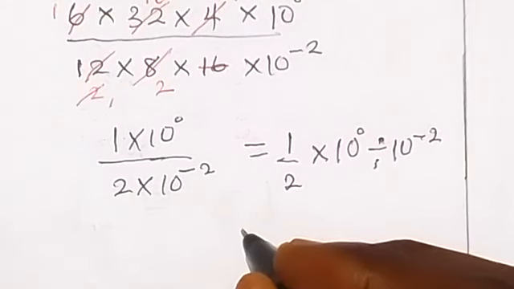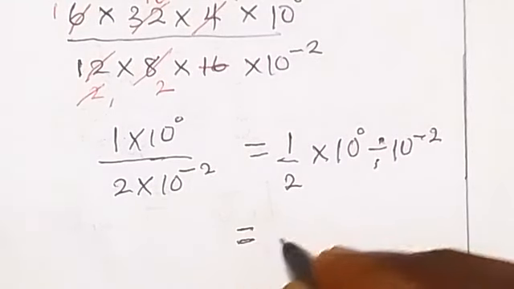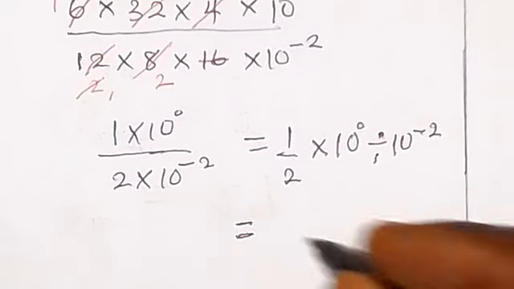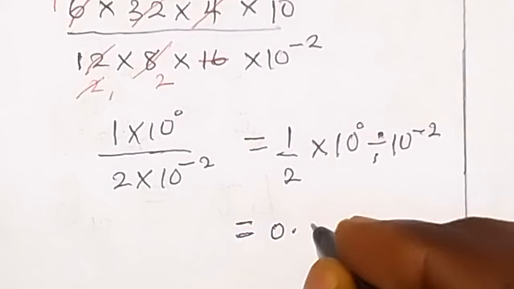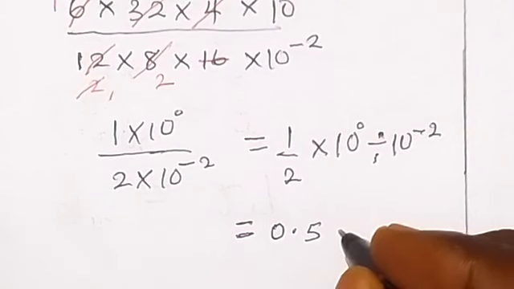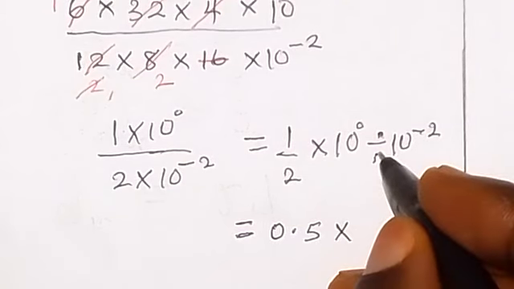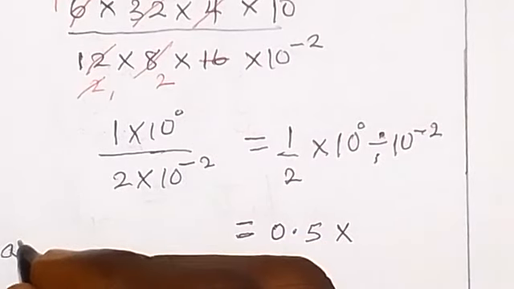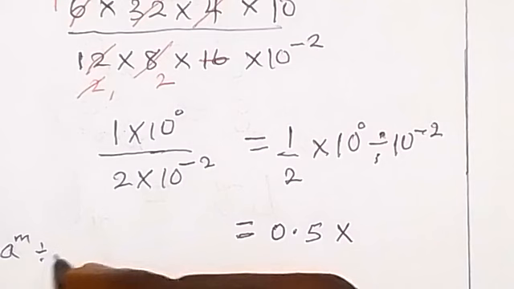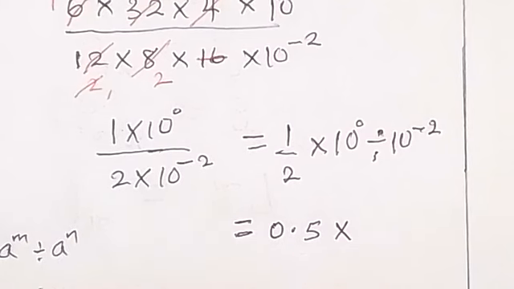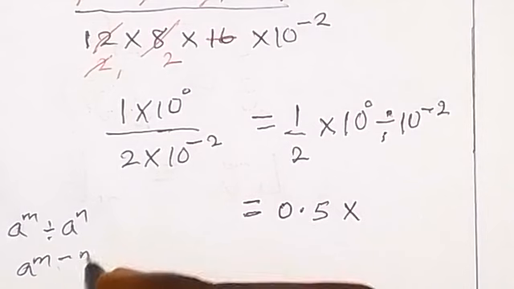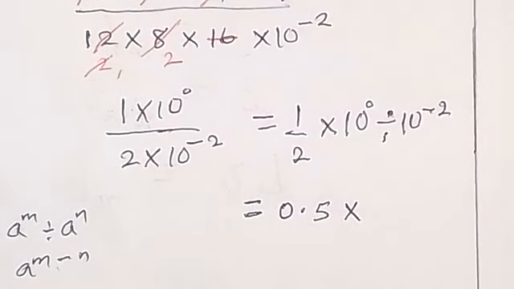Then here we can see that our half, of course, we can use a calculator to get that in decimal. That will be 0.5. Then times, when we apply the law of indices that says when we have a raised to the power m divided by a raised to the power n, this will be a raised to the power m minus n when we write just one base.